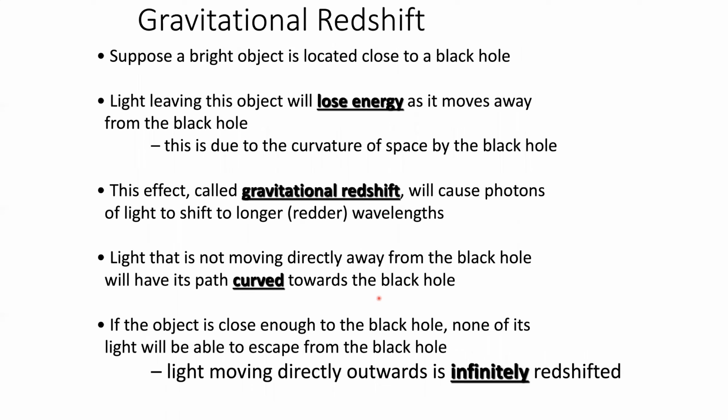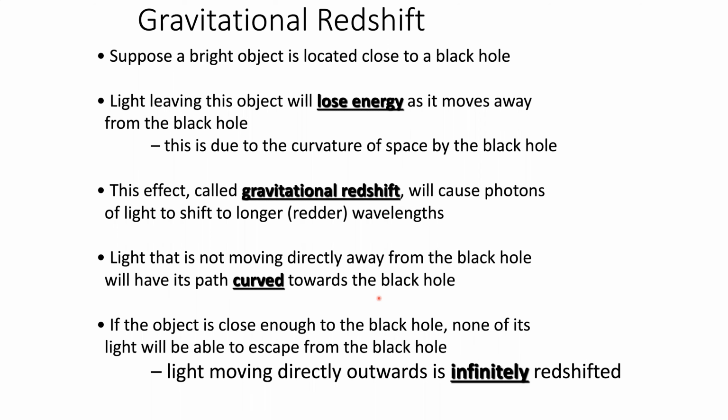Now, some of the things that will happen as a result of the general theory of relativity is that, suppose that there is a bright object located close to a black hole, right? Now, light leaving this object will lose energy as it moves away from the black hole, and this is due to the curvature of space by the black hole.